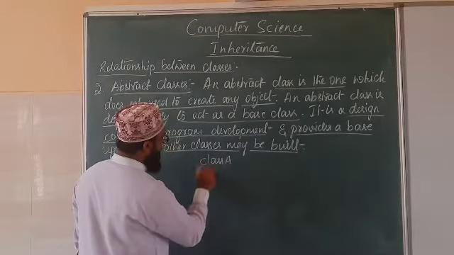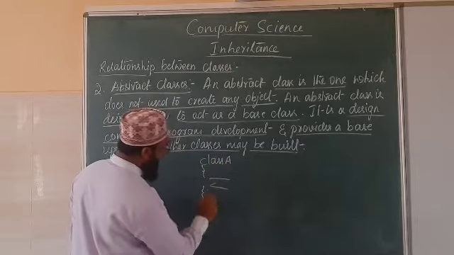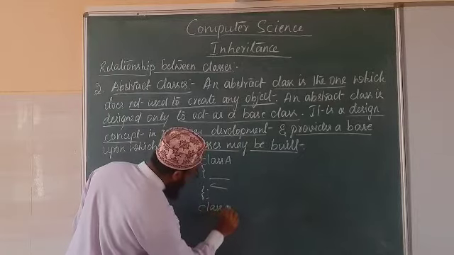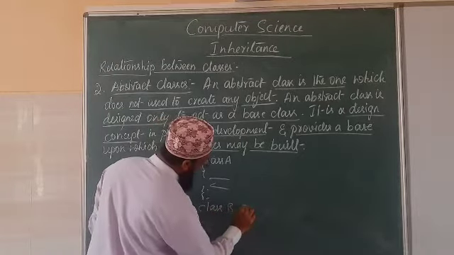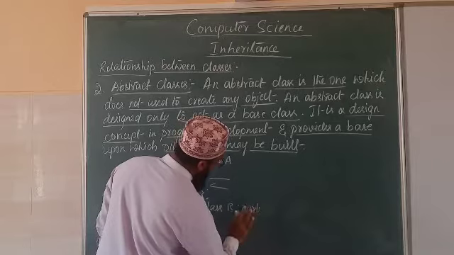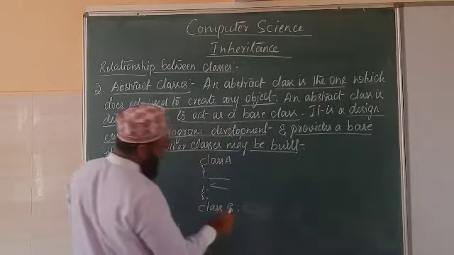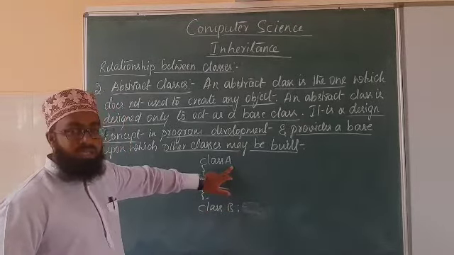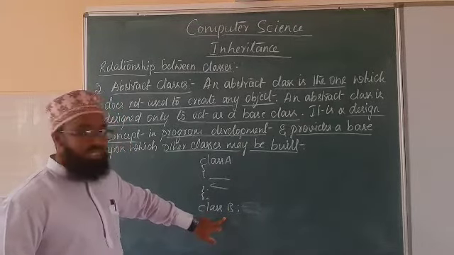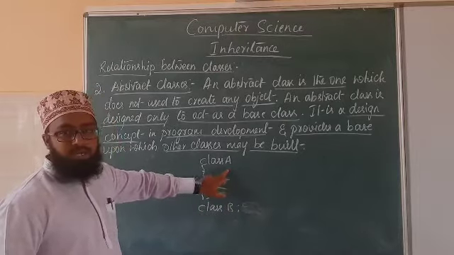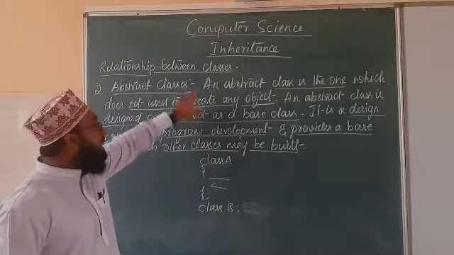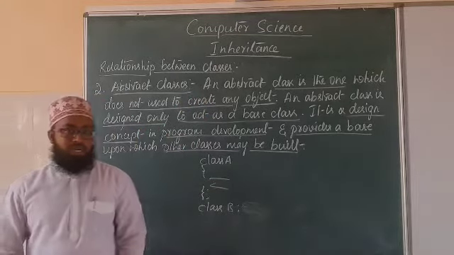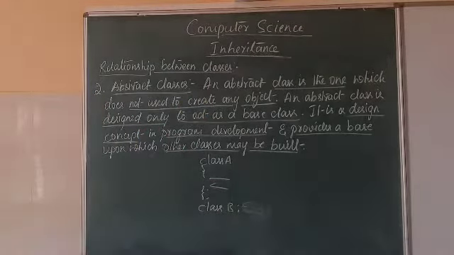Class B is a derived class and class A, from which the classes are derived, is a base class. So this type of class is called an abstract class. Hope you have understood regarding abstract class.